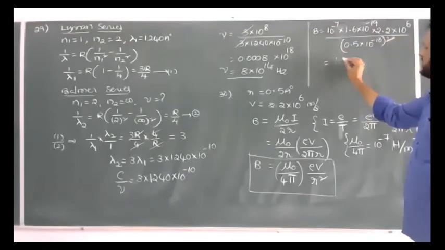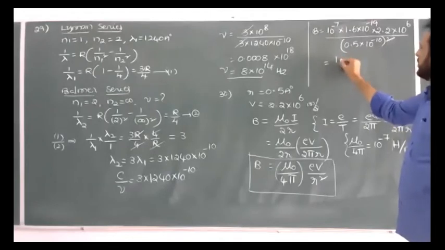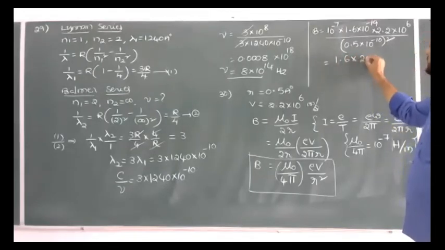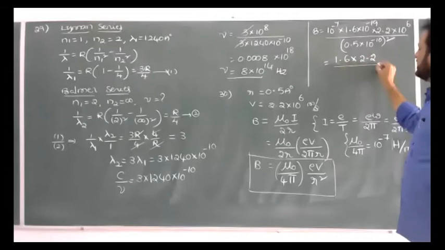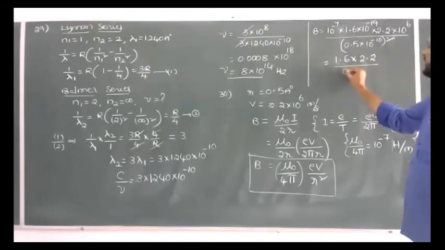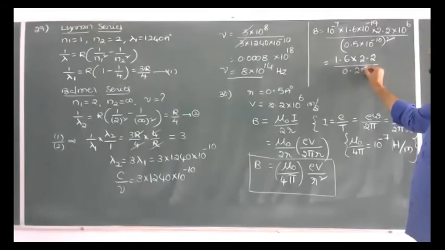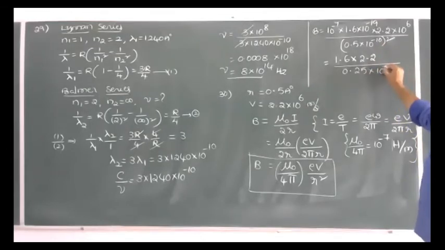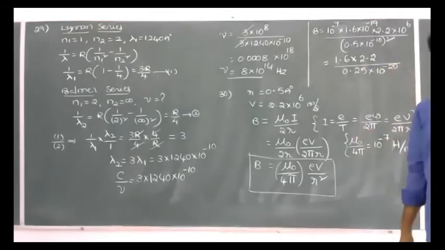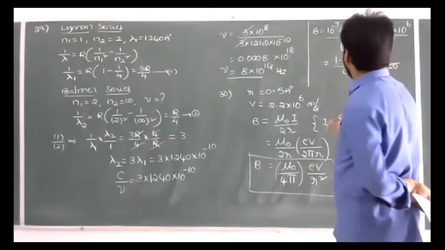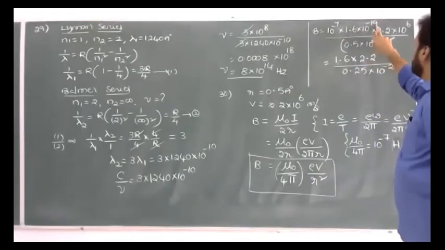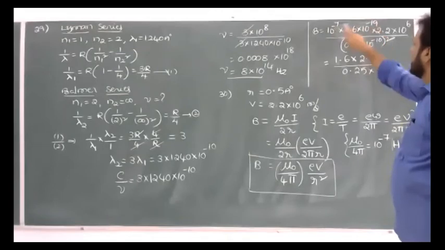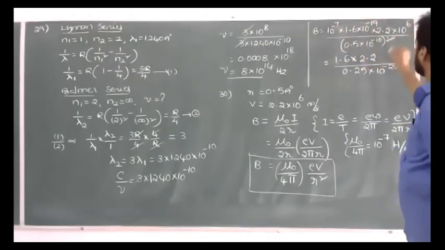Now 1.6 into 2.2 divided by 0.5 whole square is 0.25, and the powers: 10 to the power of minus 10 whole square is minus 20, and minus 19 and minus 7 is minus 26, plus 6 equals minus 20.